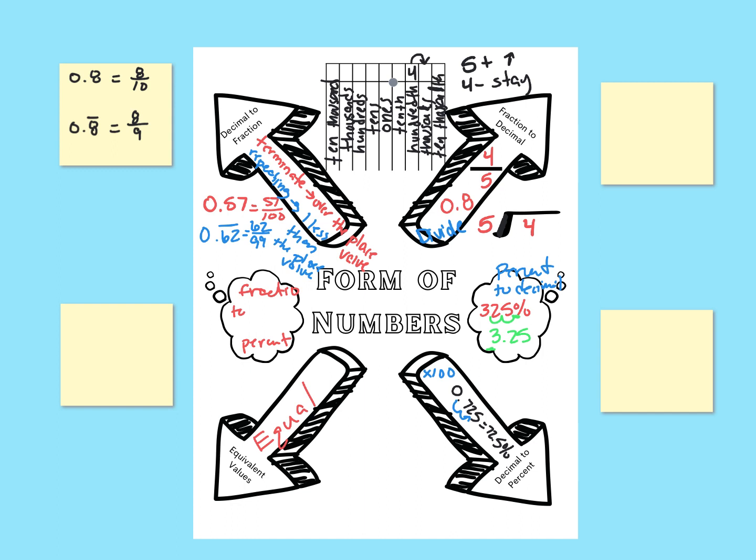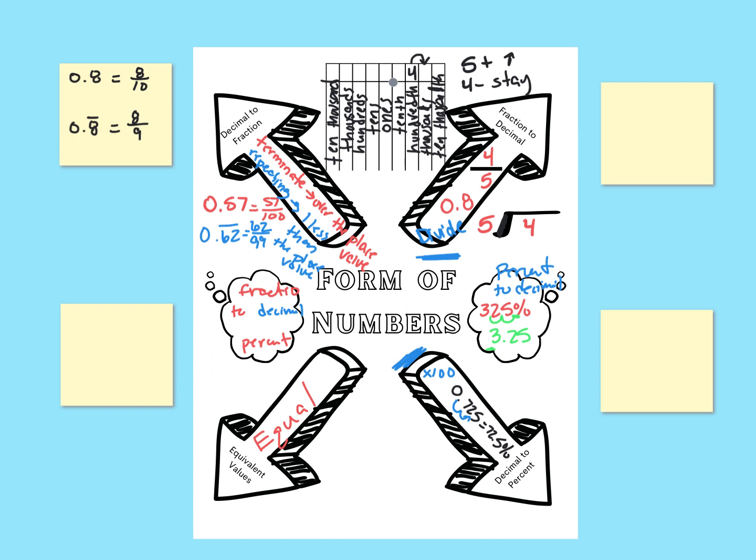So we went from a fraction to a decimal when we did this one here. And then we did the decimal to percent when we did this one here. So if you want to go from a fraction all the way to a percent, you just take one step at a time. Turn the fraction into a decimal, and then turn the decimal into percent.